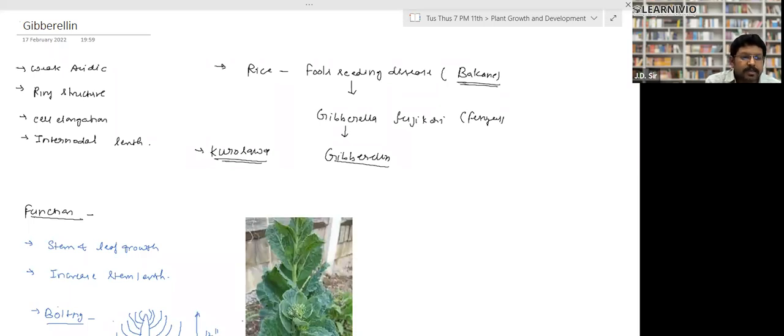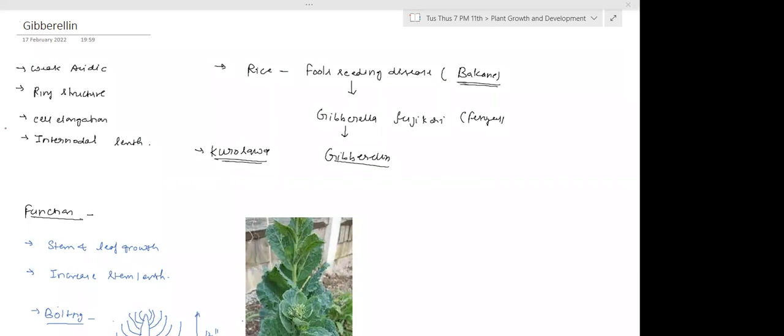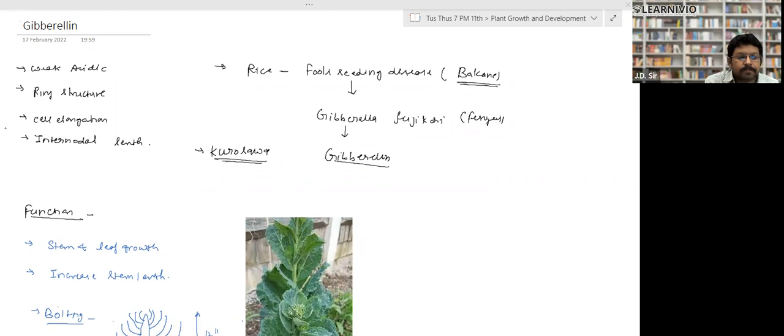It has a ring shaped structure. It is responsible for cell elongation and enlargement.